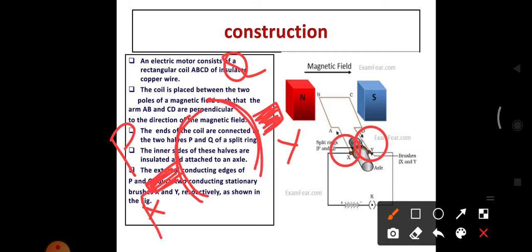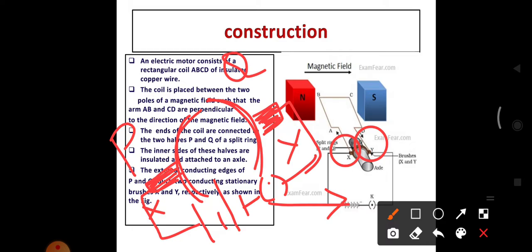These X and Y are connected to the battery and key. See here, it is shown in this image.